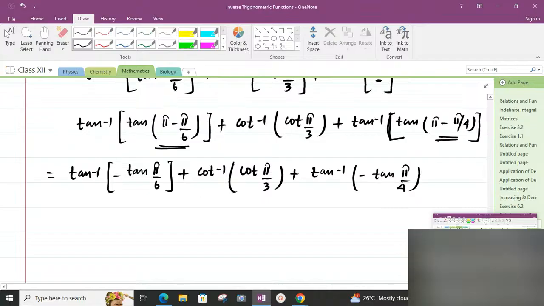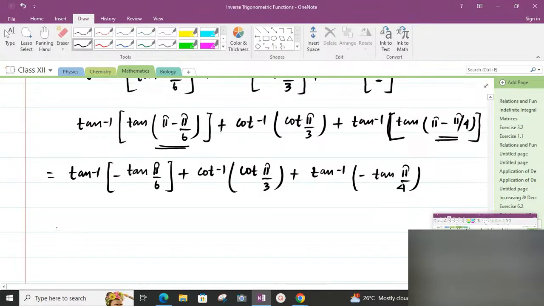So here we know that tan inverse tan x equal to x, cot inverse cot x equal to x, and tan inverse minus tan x equal to minus x. So let's see here.